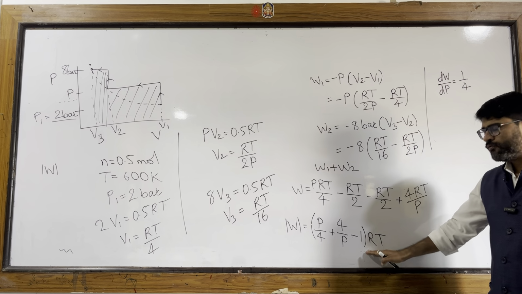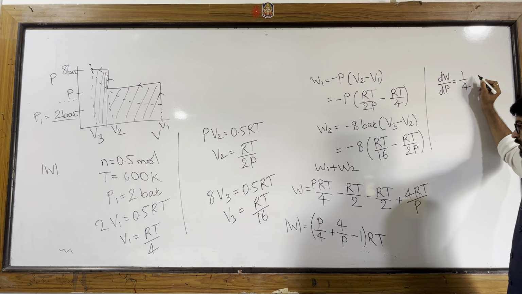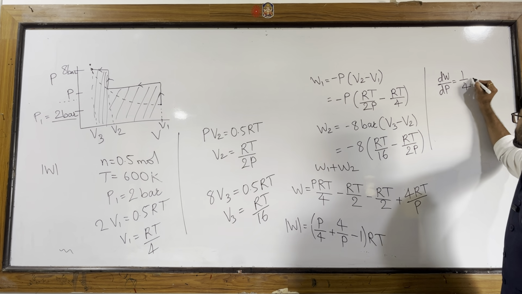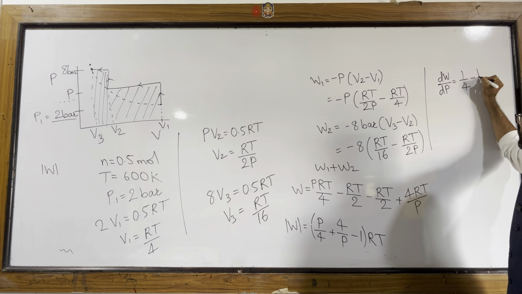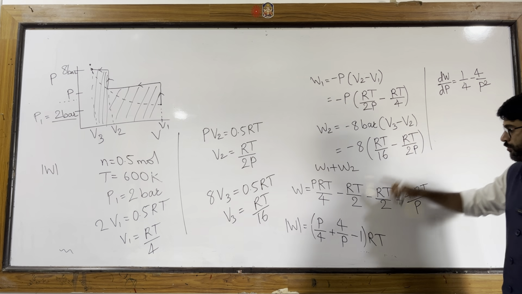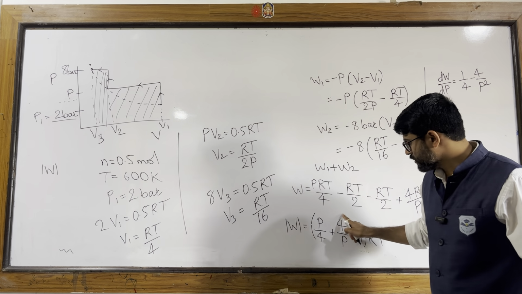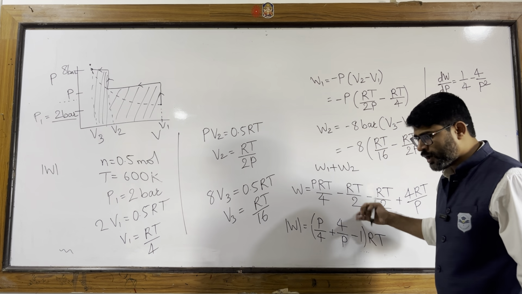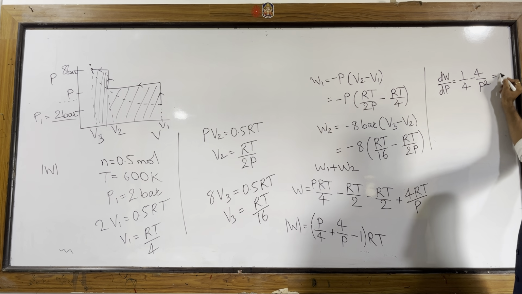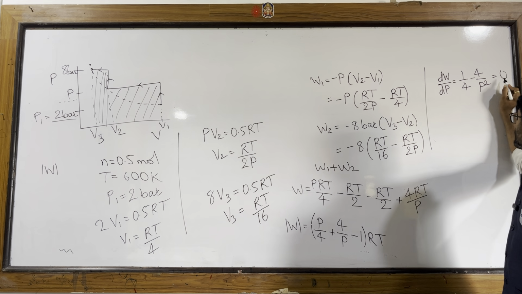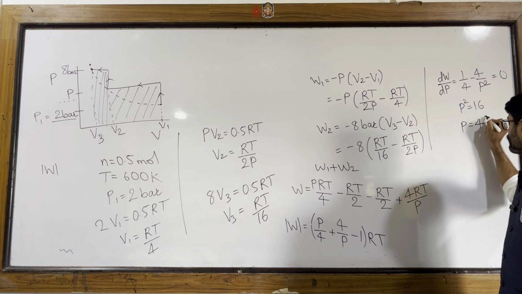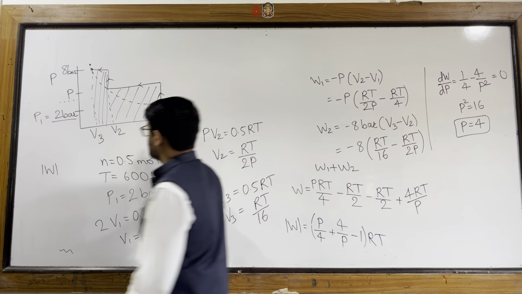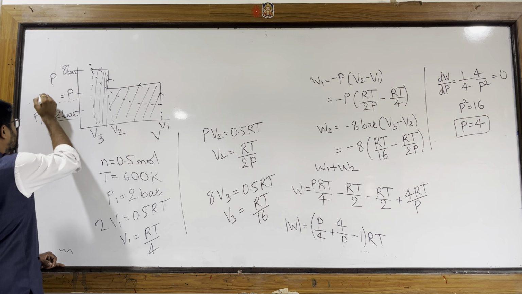For 4 by P, we have P to the power minus 1, so its derivative is minus 4 by P square. So the derivative will be 0 when P square is equal to 16 and P is equal to 4. So this compression is happening at 4 bar pressure.